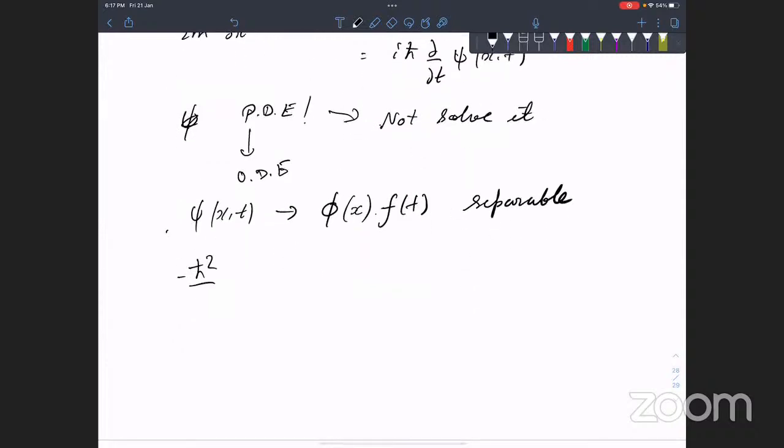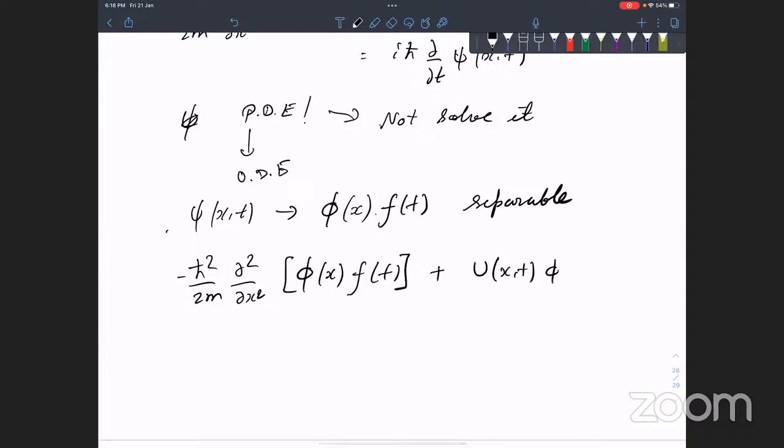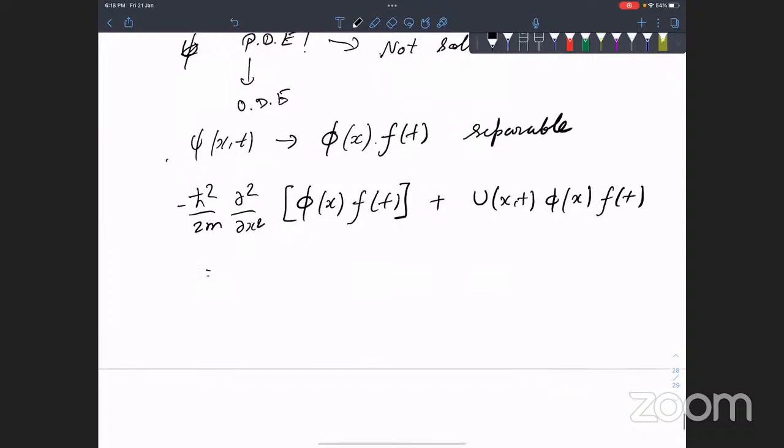Minus h bar squared by 2m, d squared by dx squared, I'm going to substitute phi(x) f(t), plus U(x,t) phi(x) f(t), equal to i h bar d by dt of phi(x) f(t).